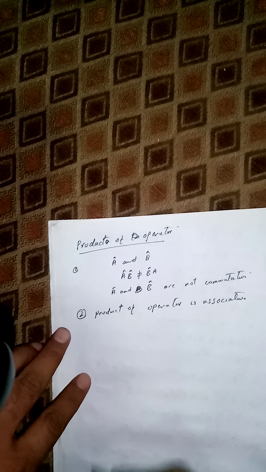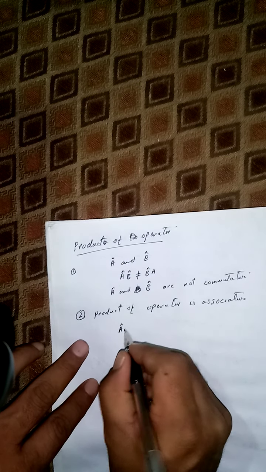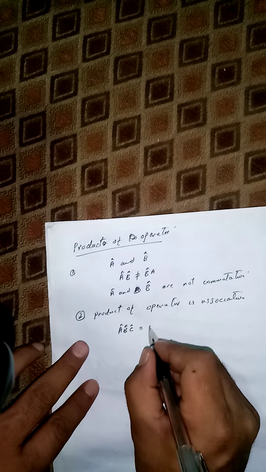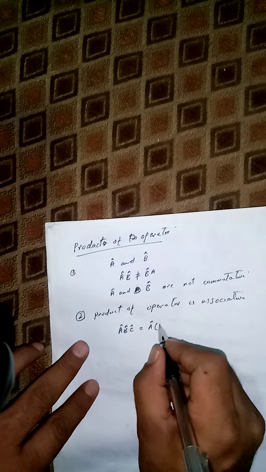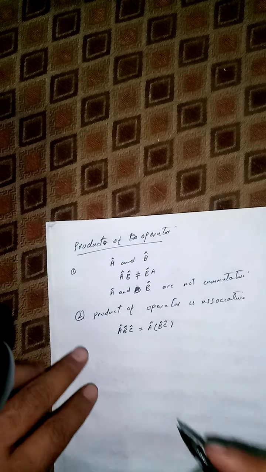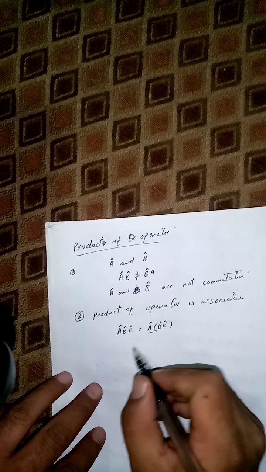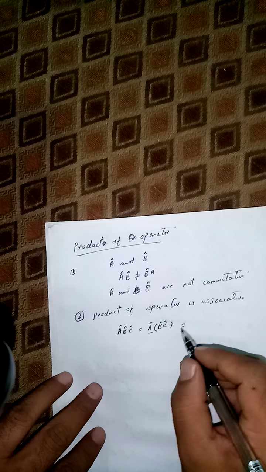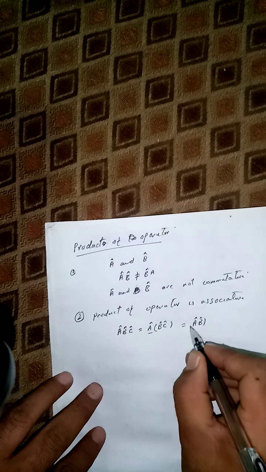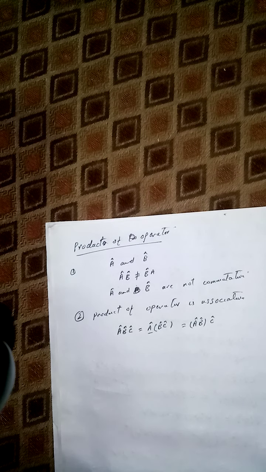Suppose we have three operators A, B, C, then the product is such that if we operate B and C first on a state vector, and then we operate A, or if we operate C first and then B and A, the result will be the same.